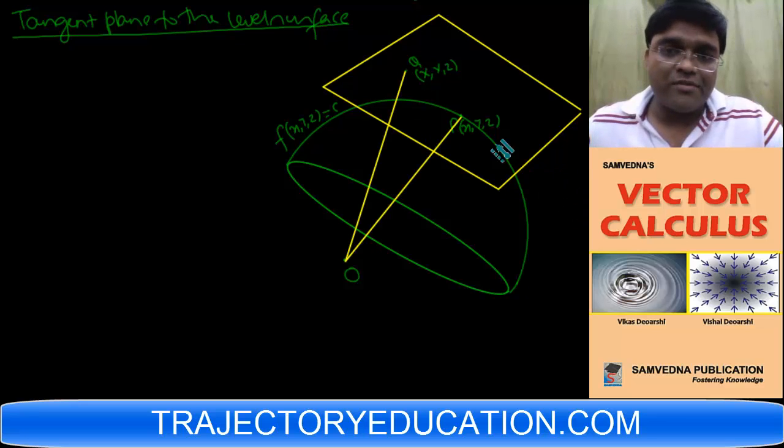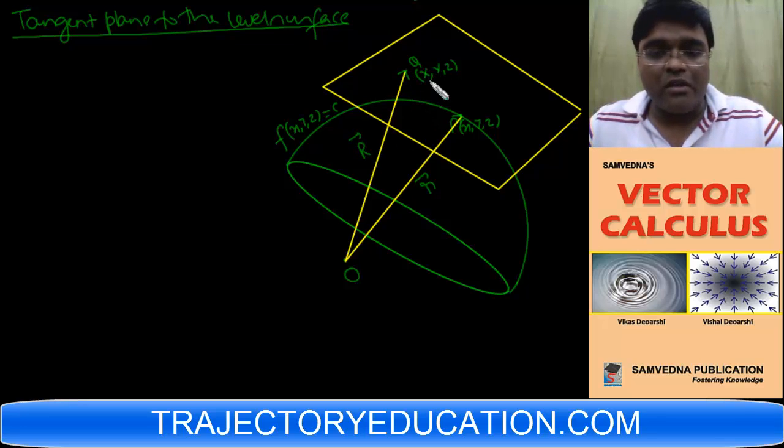So this denotes a general point on the surface.